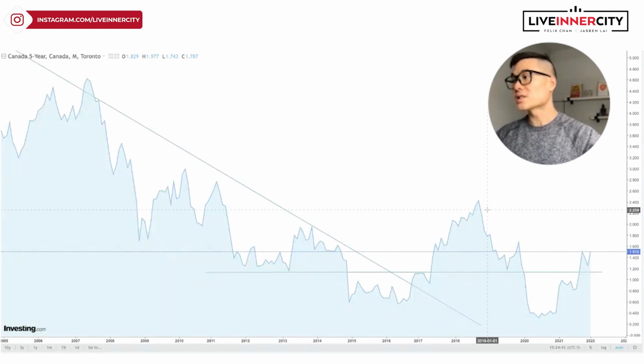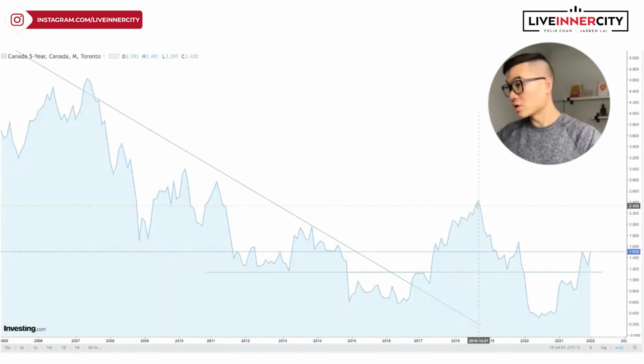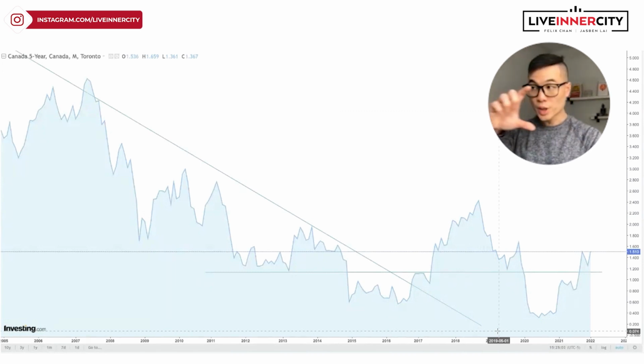And so that's what you have to keep in mind: fixed rates could actually get much higher than the 2018 high here. And as long as it stays above this resistance line, then we would probably be trading sideways for a little bit, and that's what it looks like we're doing right now.